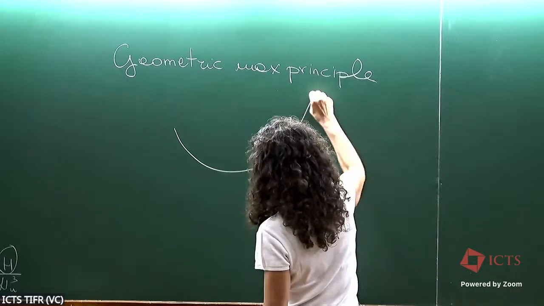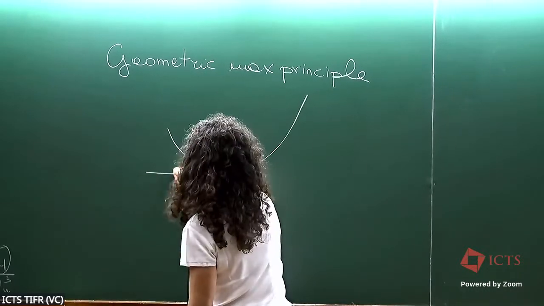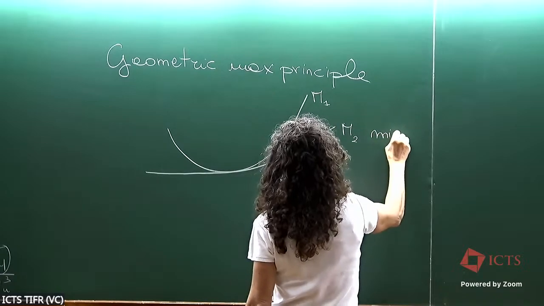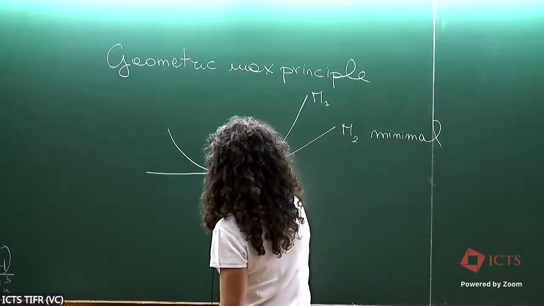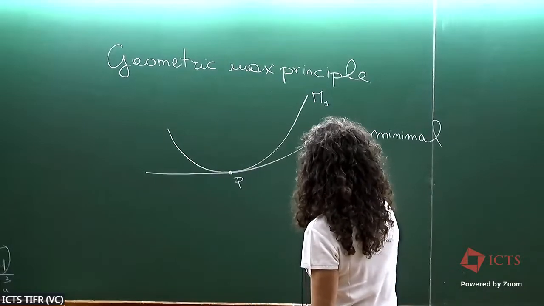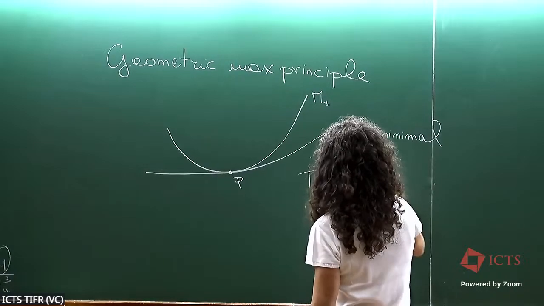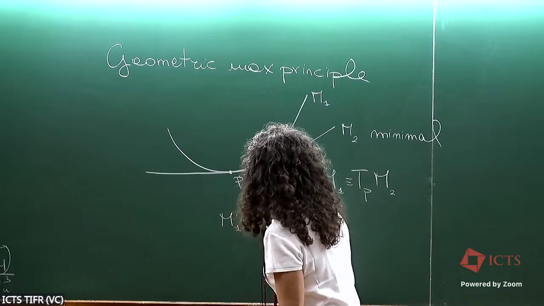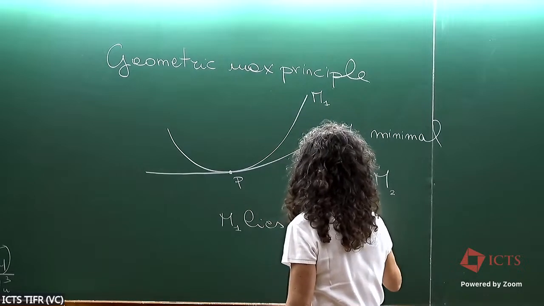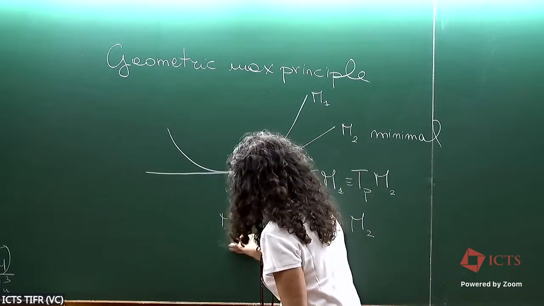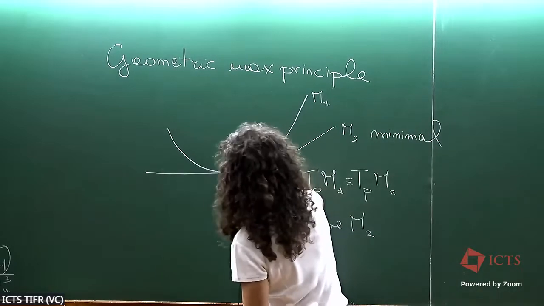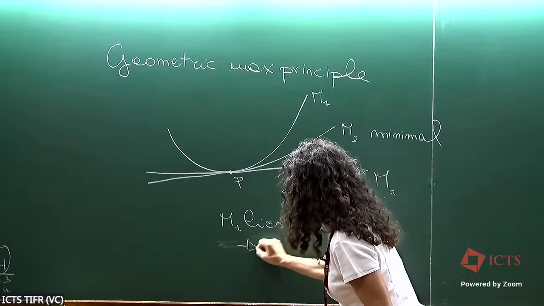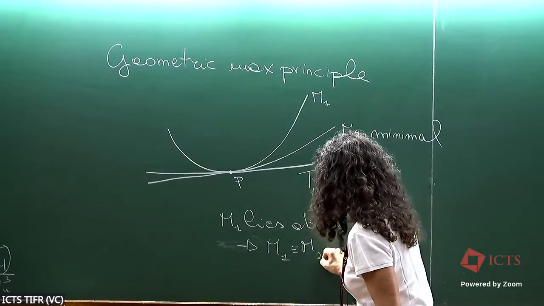If you have two minimal surfaces, M1 and M2, that are tangent at a point, so the tangent planes are the same at this point, and if it happens that M1 lies above M2 around P, in some sense, and this is the tangent plane, then the result is that M1 coincides with M2 locally.